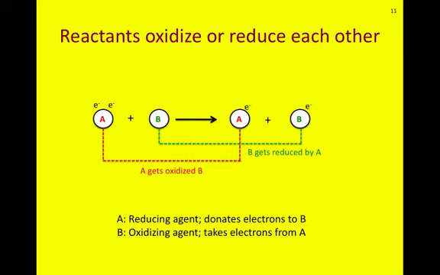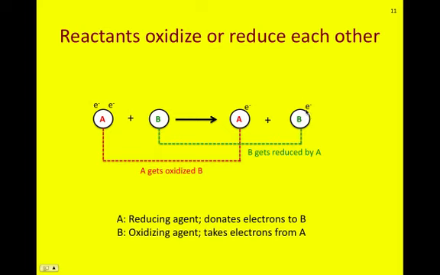During redox reactions, reactants oxidize or reduce each other. You can see here A, which is oxidized because it loses an electron. We refer to that as A gets oxidized by B, because B is accepting the electron from A. Does everyone see that? A starts off with 2 electrons, ends up with 1.